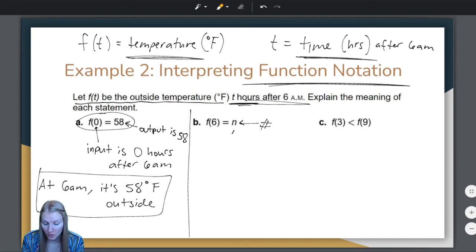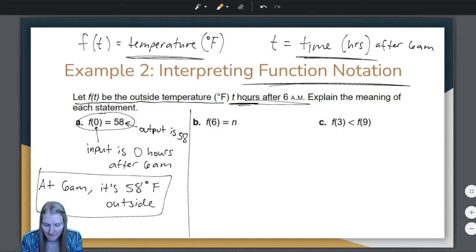We just don't know what number it is. It's some number n. And that's why we use letters. Because if I used a number, well, it's not 3. We don't know what number it is. So I can't write a number. I have to write a letter. That's why we use letters in math.